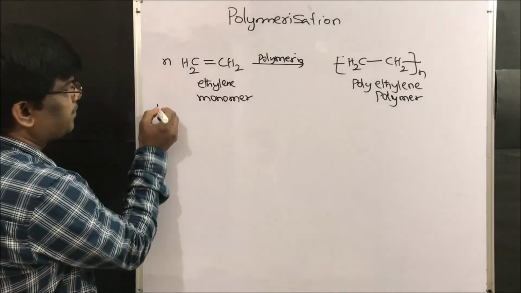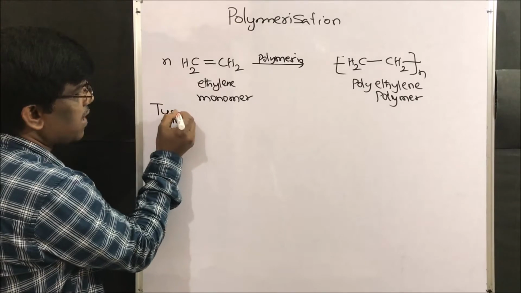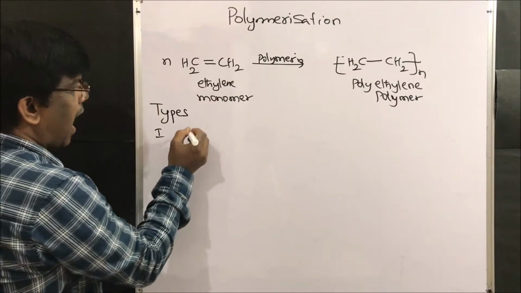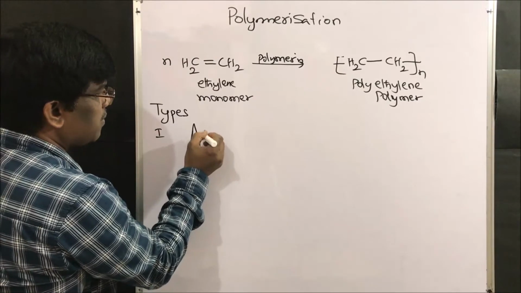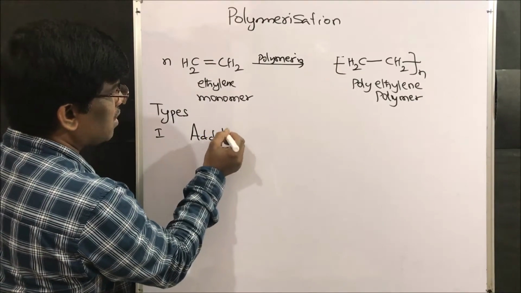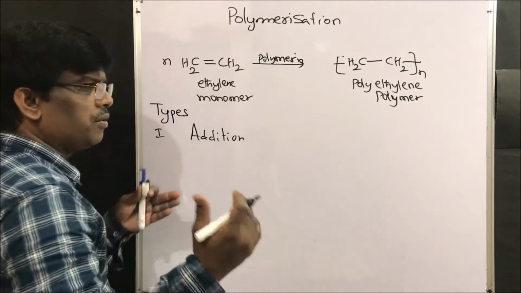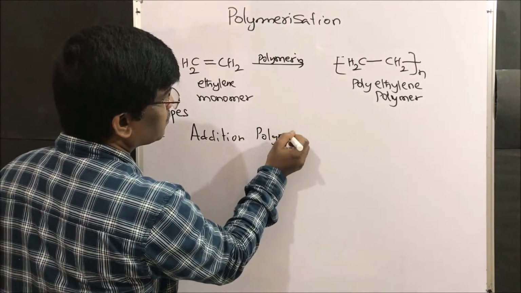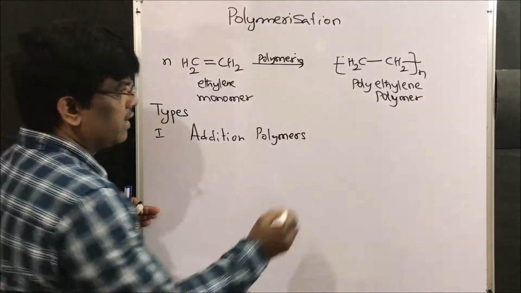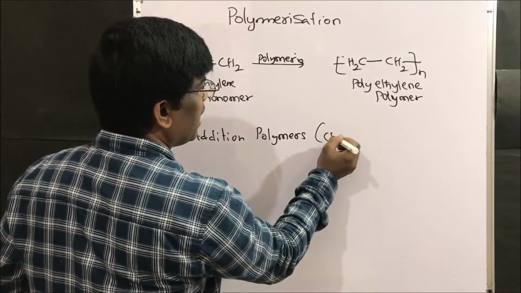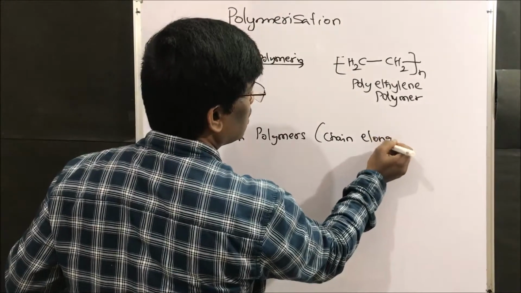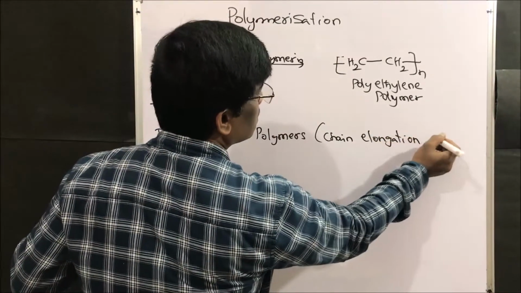So types, right friends, types of polymers. The first one is addition polymers. That means the monomers will be added to each other. Addition polymers, or they are also known as chain elongation polymers.